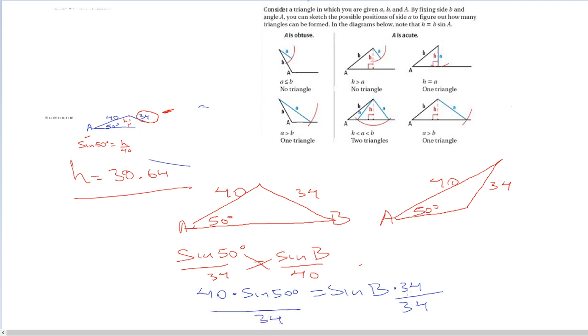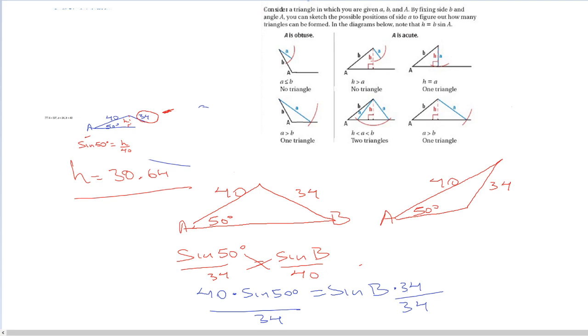So here we go. We got 40 times sine of 50 divided by 34. And we actually get a decimal. But do not be alarmed. That's actually normal because we need to find out what angle B is.